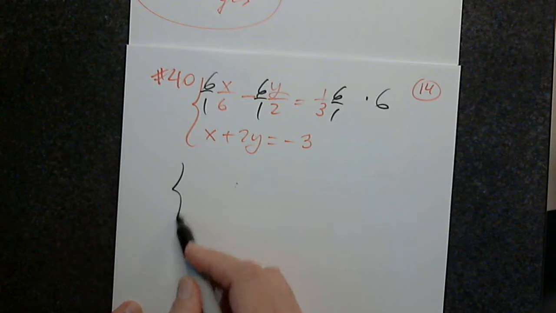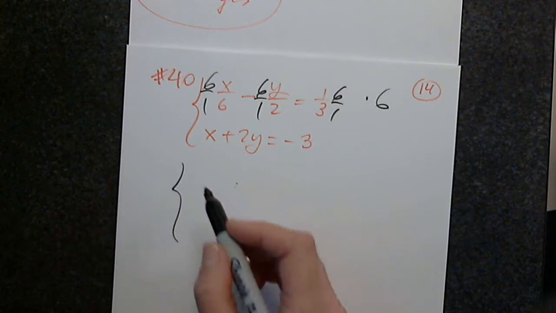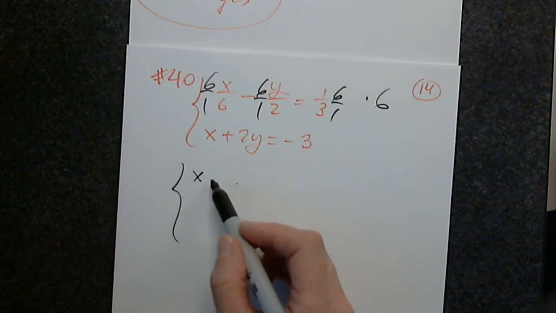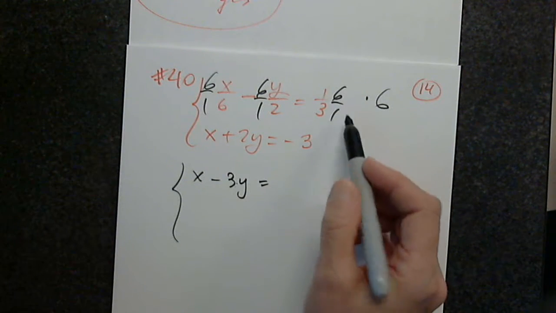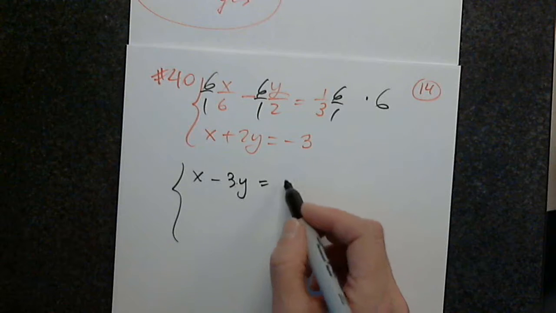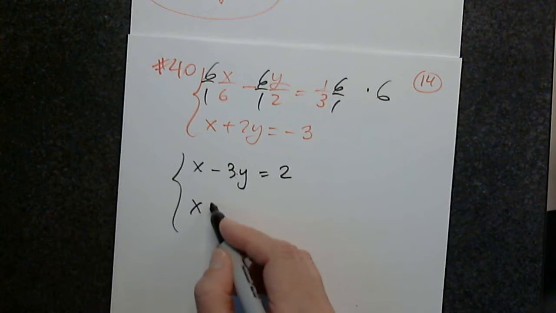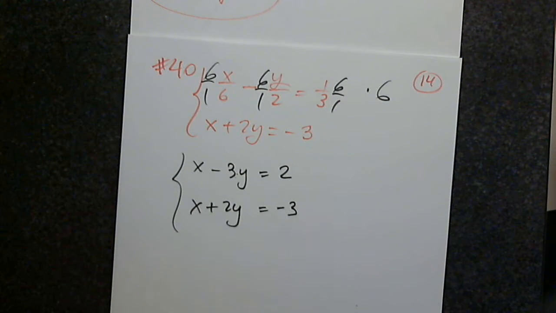The first term, what do I get? Perfect. The second term, minus? Very good. Awesome. And 2. Excellent. So then x plus 2y equals negative 3. Which method would you prefer? The problem does not indicate.